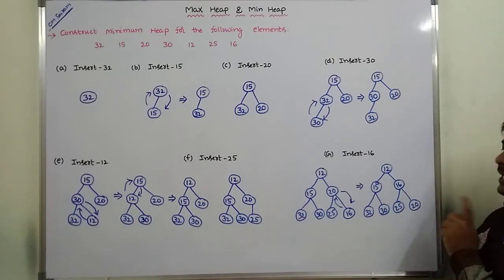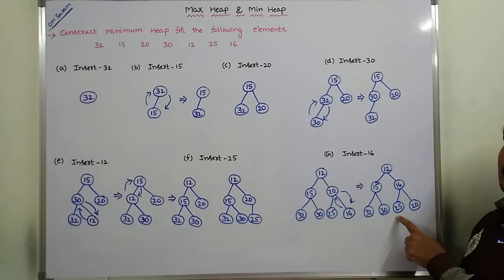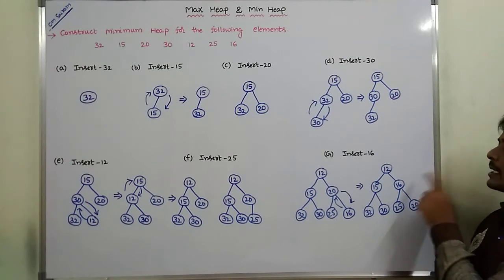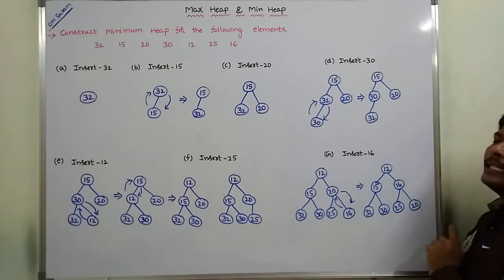Now we have to check whether it satisfies the minimum heap or not. 25 and 20 have the parent 16. So 16 is less than 25, it satisfies the minimum heap property. 16 is less than 20, it satisfies the minimum heap property. So 32 and 30 have the parent 15.